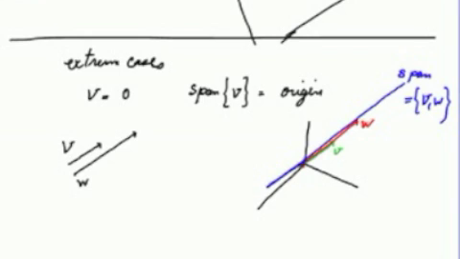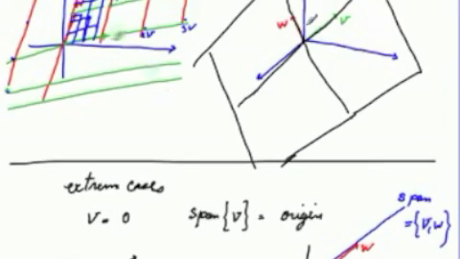So we want to distinguish between two situations: these two vectors, each of them going a different way, and these two, both of them headed in the same direction. We are going to have some terminology for this later on, but right now we're just getting our feet wet. These two vectors are going to be called linearly independent.